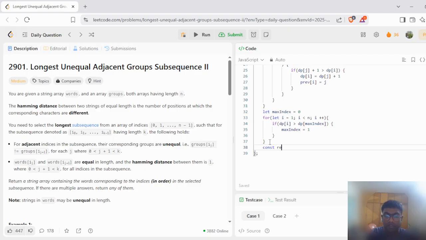And we shall do the result string which we want to return from this function as an answer, and let's say we go backwards in the DP array, checking all the values that form the subsequence with the max index and the previous index value.